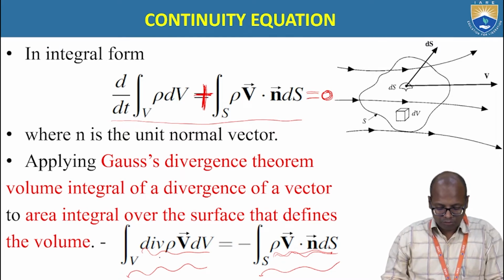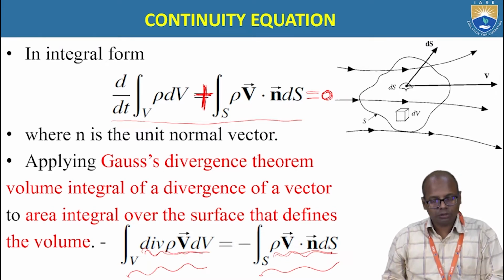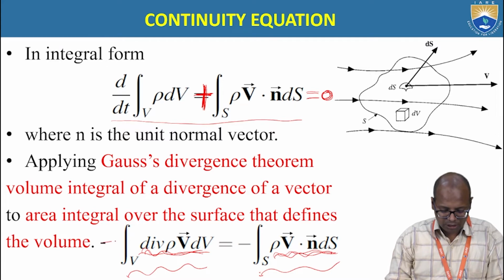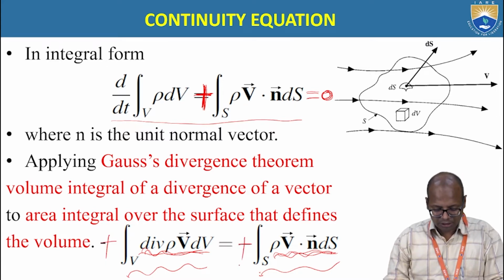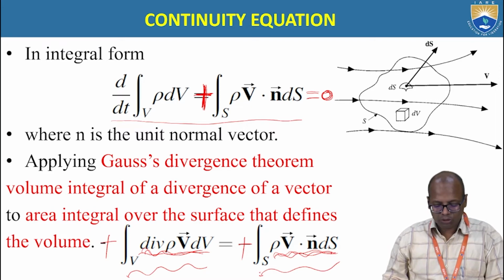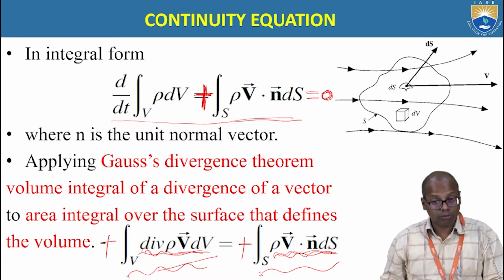So we don't have to get enamored by this divergence, rho, all these things. What we are practically doing here is differentiating this term and converting this surface integral to a volume integral. Here it can be plus or minus. If this is plus, this is plus. If this is minus, this is minus. So both are equal. What I have to do is replace this surface integral with the volume integral. Why are we doing this?